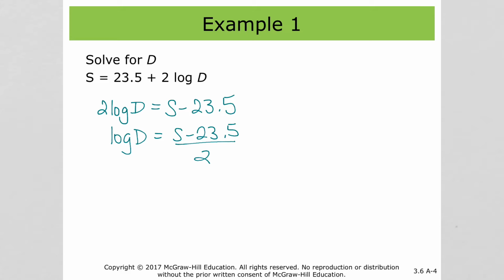And now we want to get the D by itself. Go back to the fact that this is log base 10 of D. So that means we can say that D is equal to 10 to the (S minus 23.5) divided by 2. And yes, that is your answer.